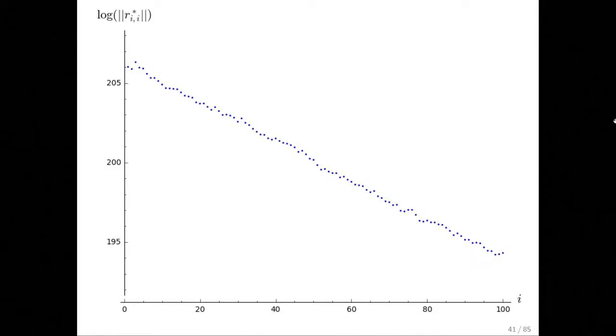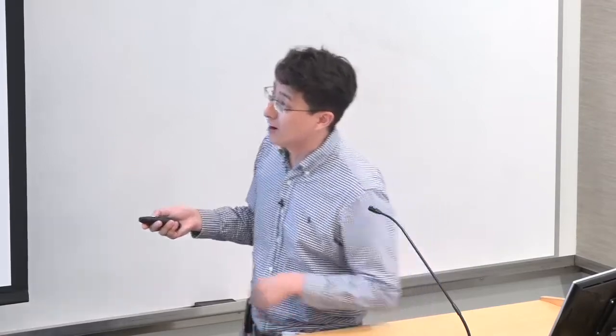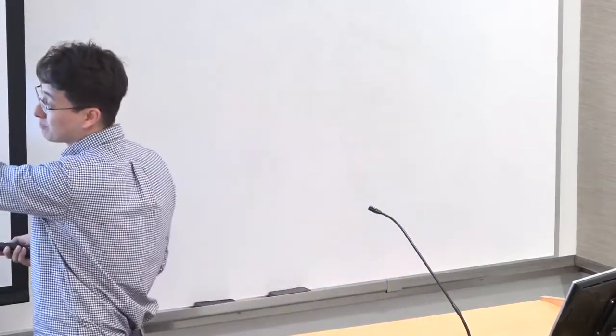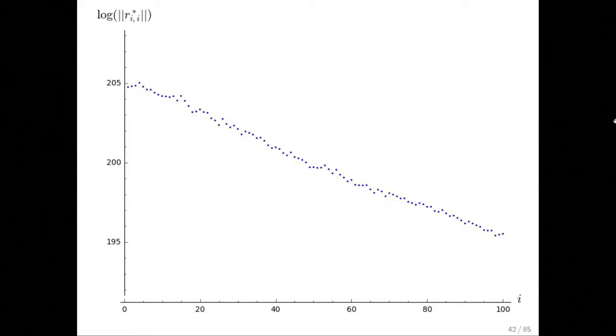This is the starting point of the algorithm, where I draw the logarithm of the Gram-Schmidt norms of the basis vectors. After the very first tour, you can see it pulls down the very first Gram-Schmidt vectors and pulls up the ones in the tail.